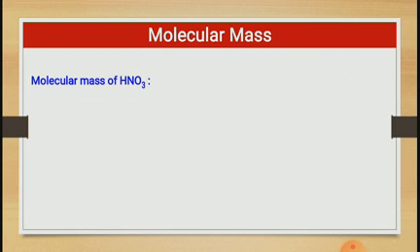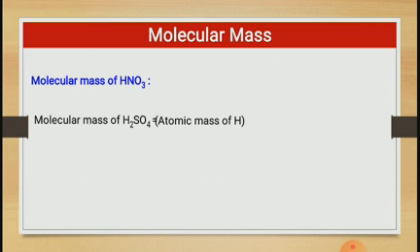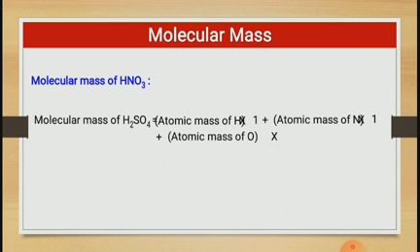Molecular mass of HNO3. Okay, so we go through the formula. So atomic mass of hydrogen, how many atoms? Only one. So one, plus the next one is nitrogen, so atomic mass of N. How many atoms are there? One. So one. Again, atomic mass of oxygen into how many atoms? Three. So multiply by three.